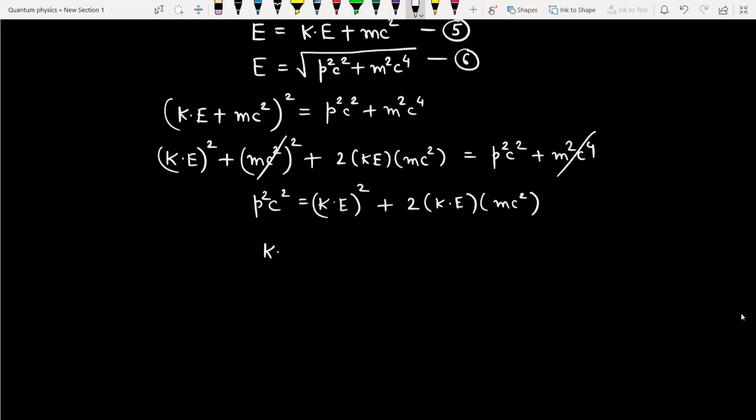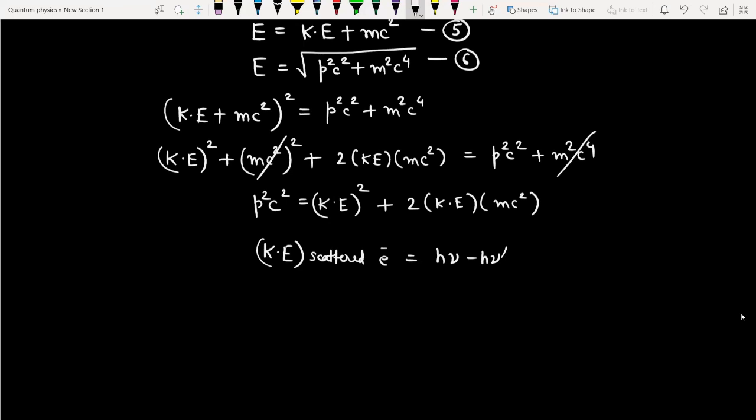So what is the kinetic energy of the scattered electron? That is the energy of the incoming radiation minus the energy of the scattered radiation, because that difference in energy is the kinetic energy of the scattered electron. It is very obvious.